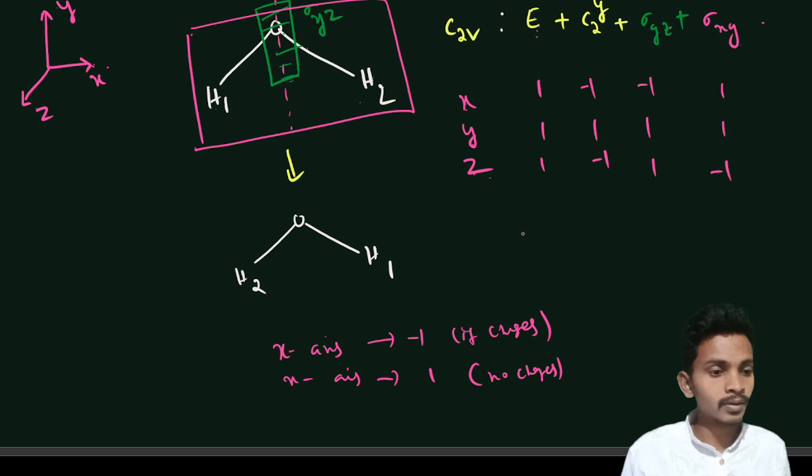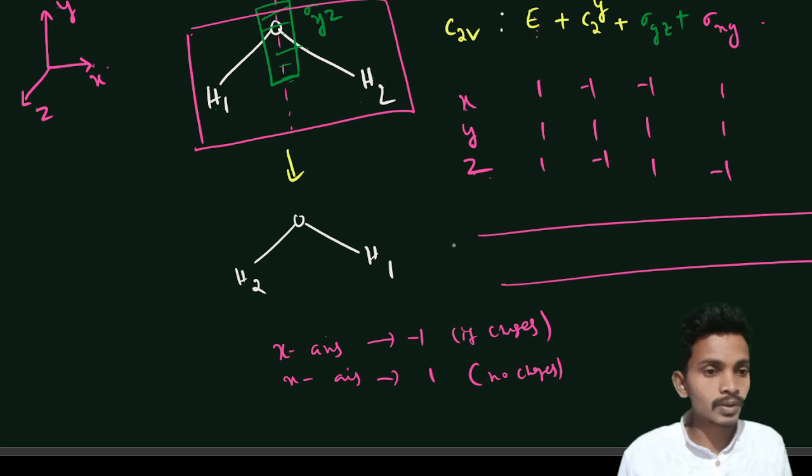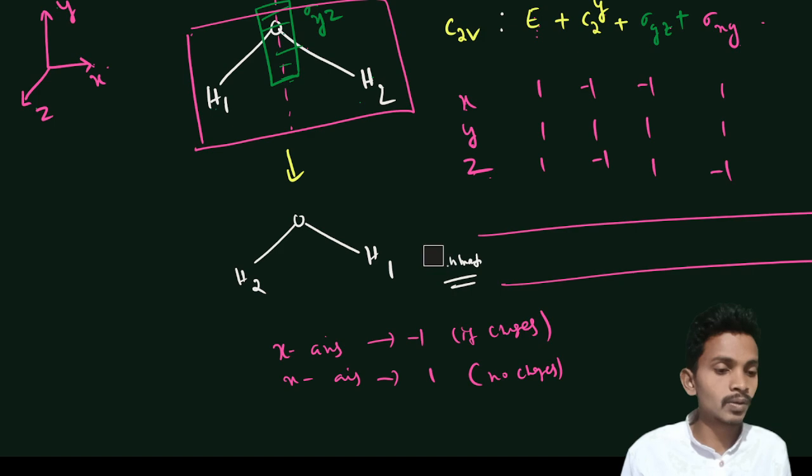So after that we will do the summation. And what you will get, this is 3, this is -1, this is 1, this is 1.